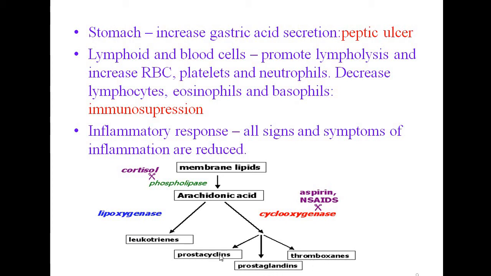These are the chemical mediators of inflammation. Corticosteroids inhibit the enzyme phospholipase A2, which is the very first step in the release of the chemical mediators of inflammation. So corticosteroids are very powerful anti-inflammatory agents.